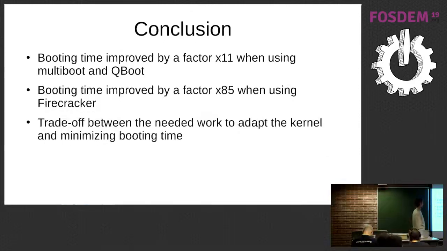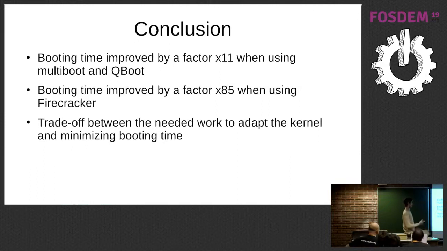So yeah, I'm going to conclude. What I get is that when we use a solution that is a combination of a multiboot kernel and QBoot, which is an optimized firmware, you see an improvement over my current bootloader by a factor of 11. I agree that my old bootloader was a bit crap, but still.